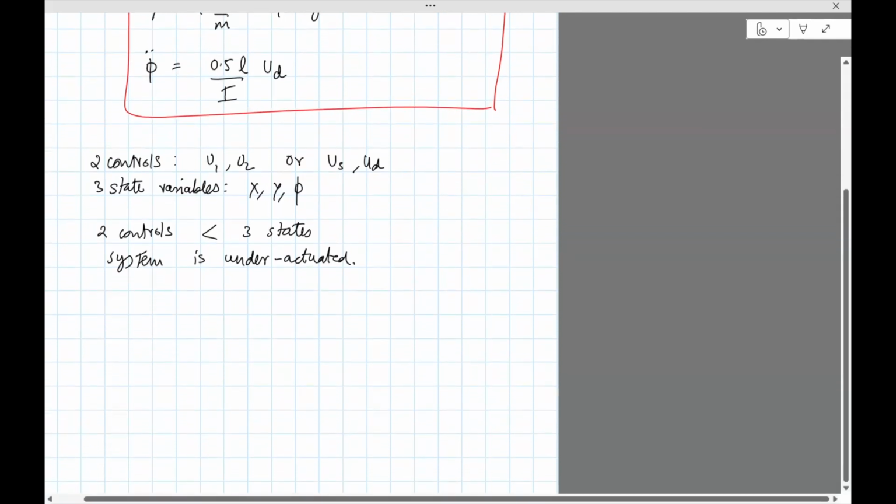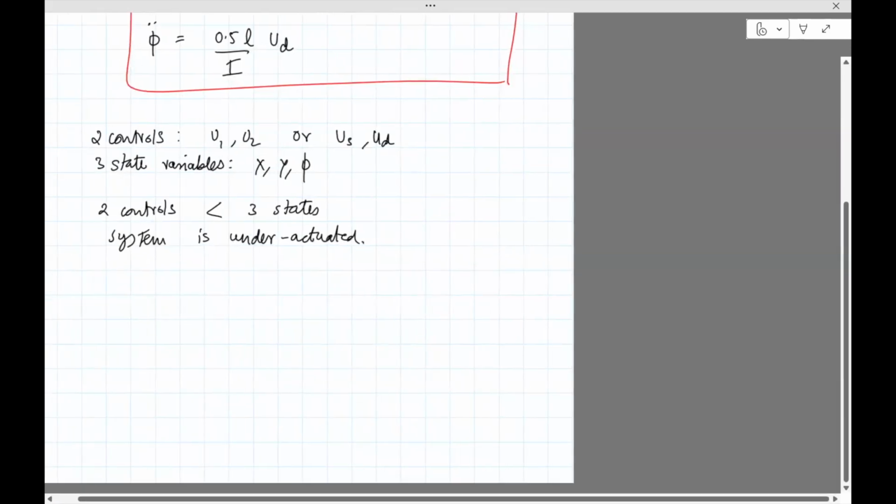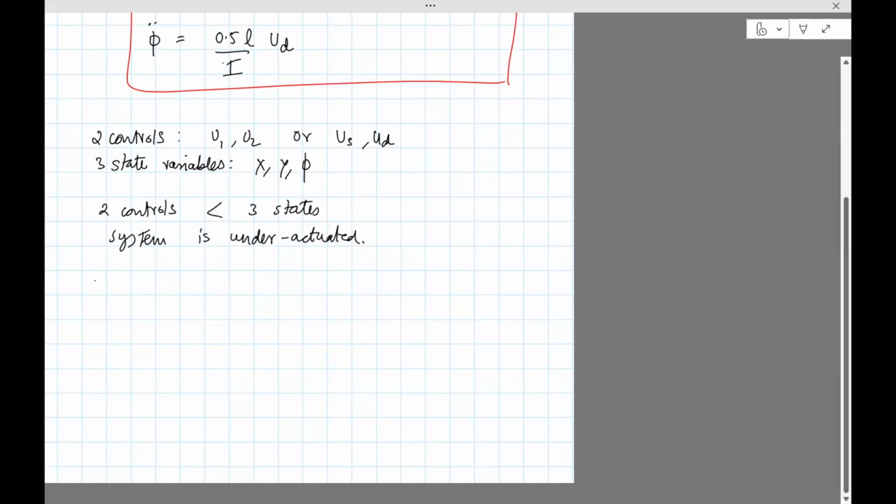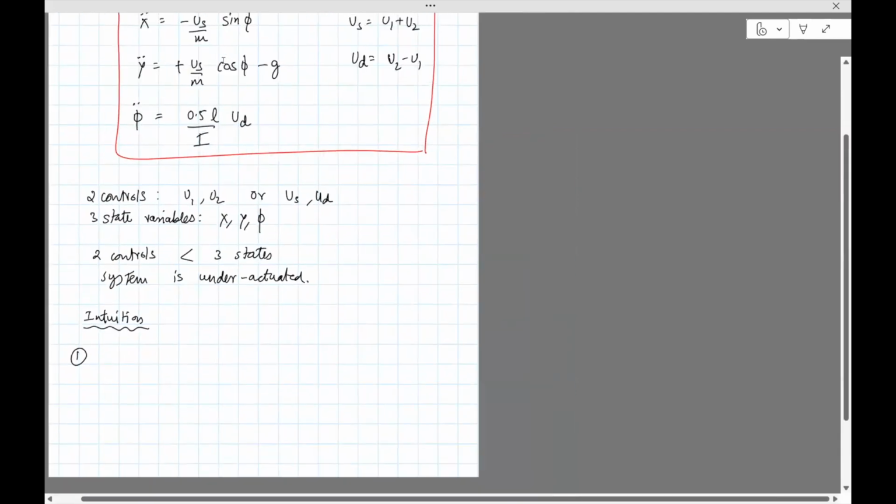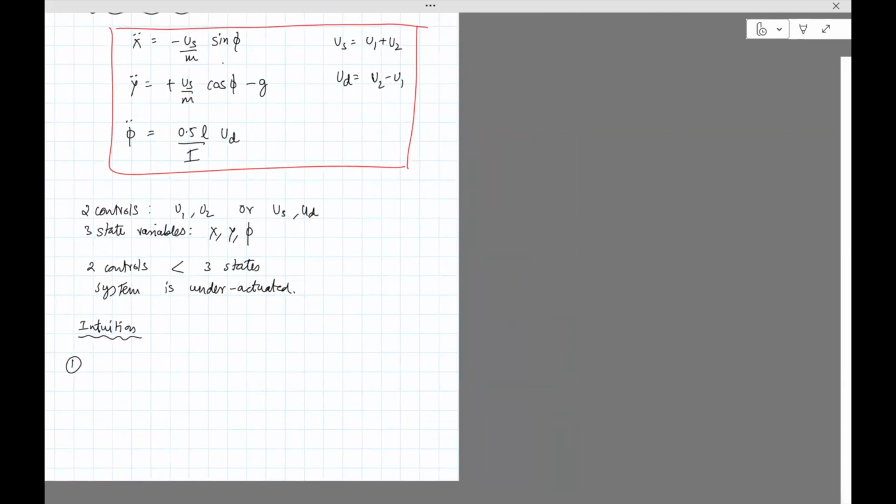Okay, so what we can do next is let's get some intuition about what's going on here. Let's look at the case when phi is 0.